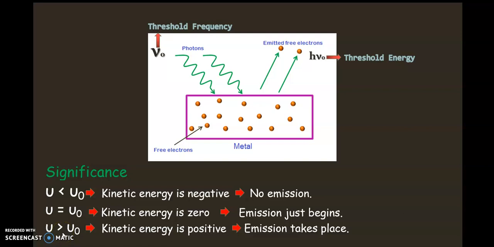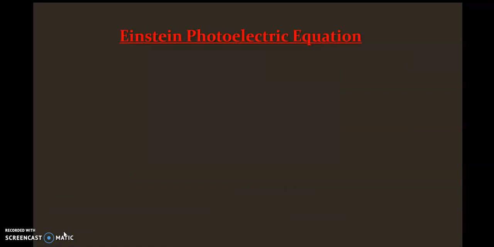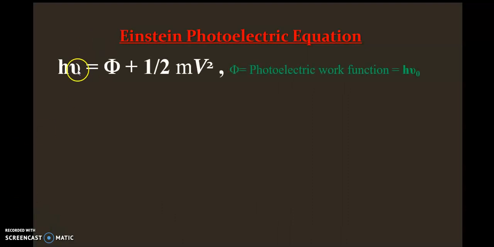Thus, by quantum theory, Einstein explained the photoelectric equation as: energy of photon absorbed by the atom, h nu, is used to detach the electron, which is also known as work function, and to give the kinetic energy of the electron.